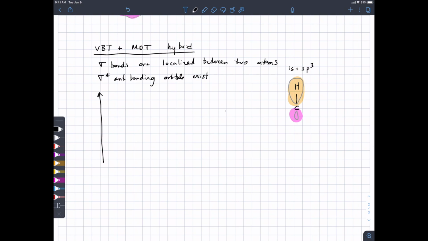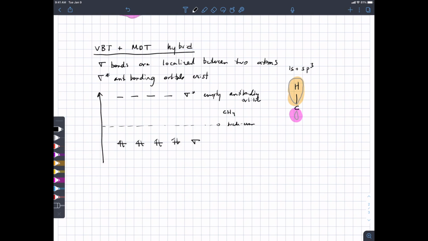And in methane, we're going to say that that gives us 4 equal in energy sigma bonding orbitals. And those are all lower in energy relative to our sort of 0 break-even point. But also present, higher in energy, are these empty, unfilled antibonding orbitals.